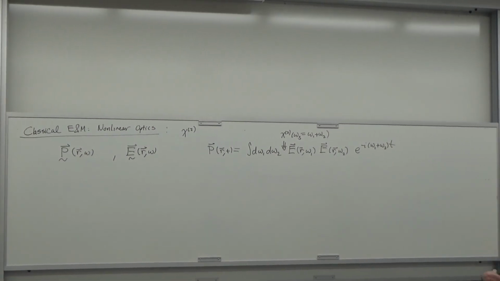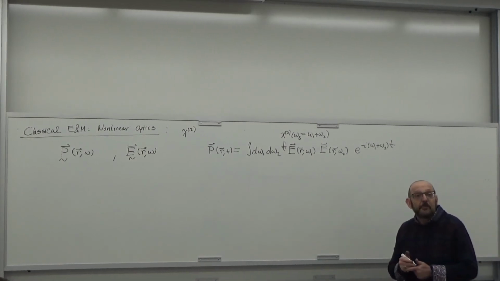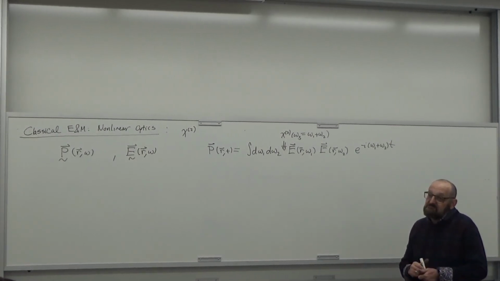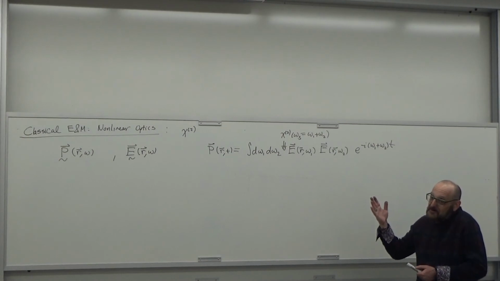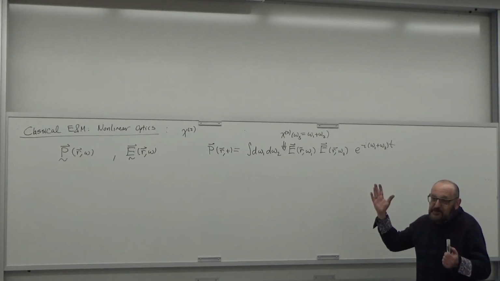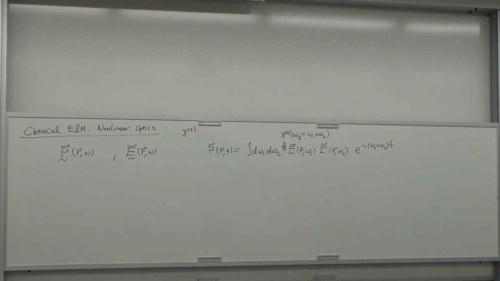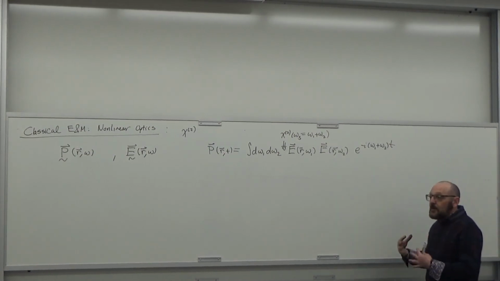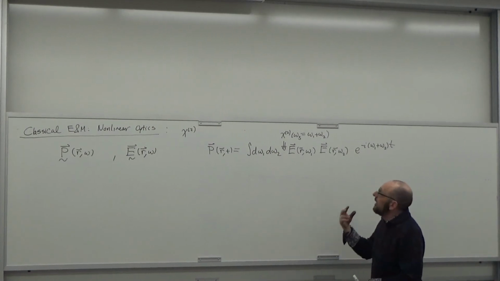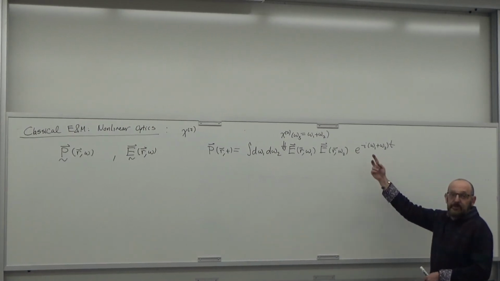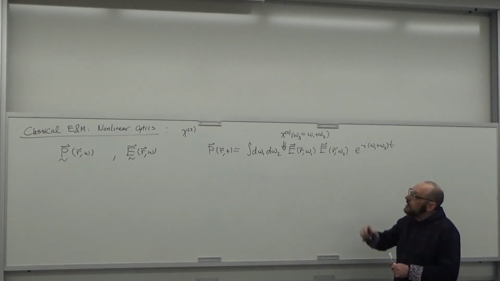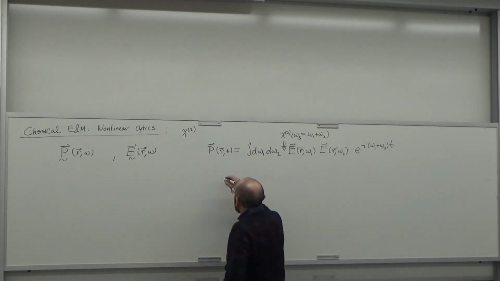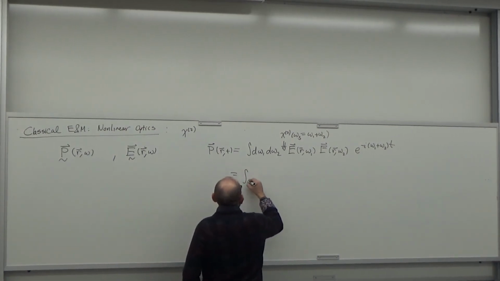That's something that can happen through a nonlinear optical process. This is called, shockingly, sum frequency generation, right? So I can end up with a dipole density that is oscillating at the sum of the frequencies of the two fields. There can be another term in here that might be related to the following.